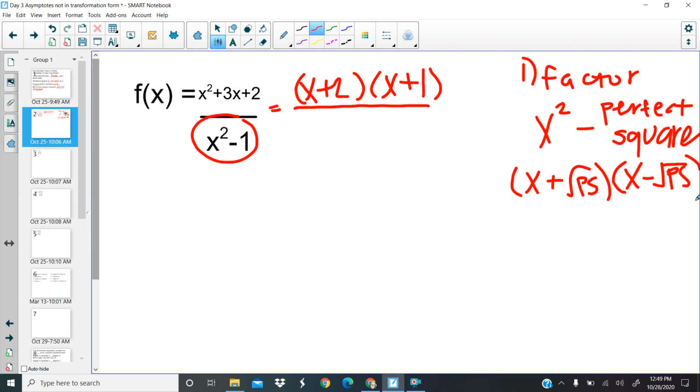And so in this scenario where we have x squared minus 1, we're going to have x plus the square root of 1, which is just 1, and x minus the square root of 1, which is still just 1.